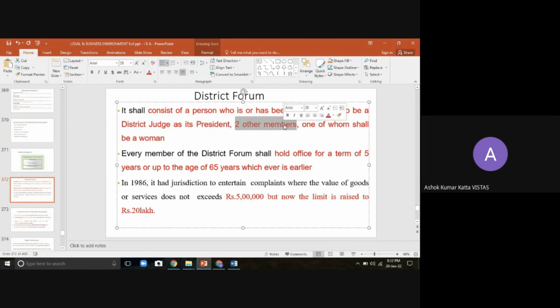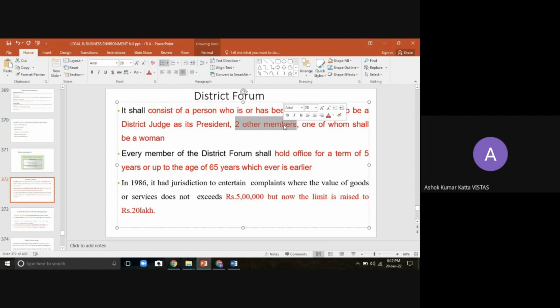Of these two members, one person must be a woman, because this district level forum has given equal priority to men and women. Mostly household products are started to be used by women only.